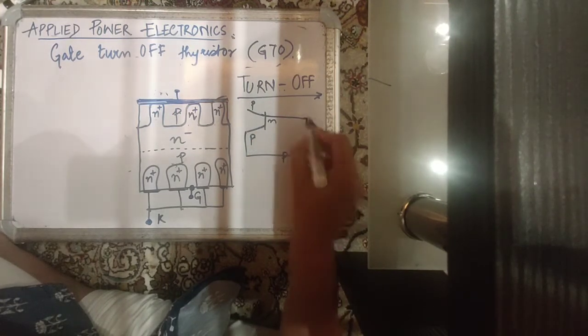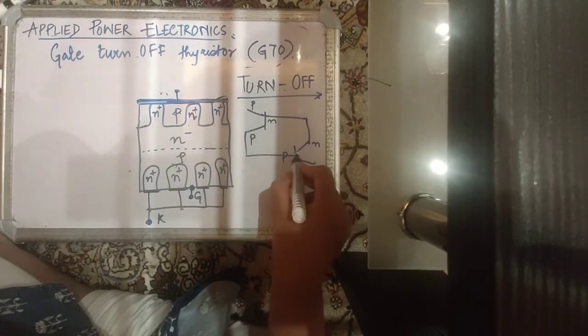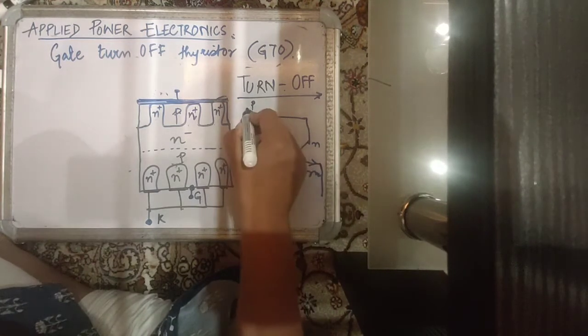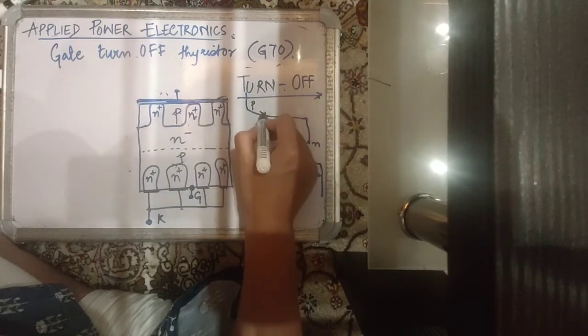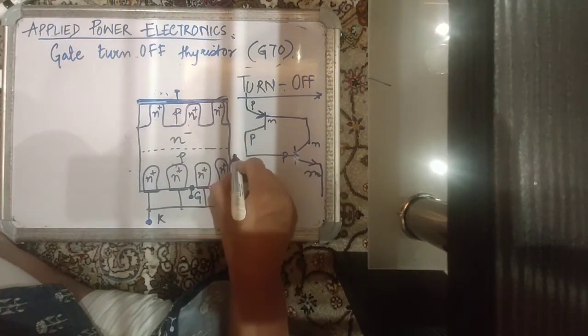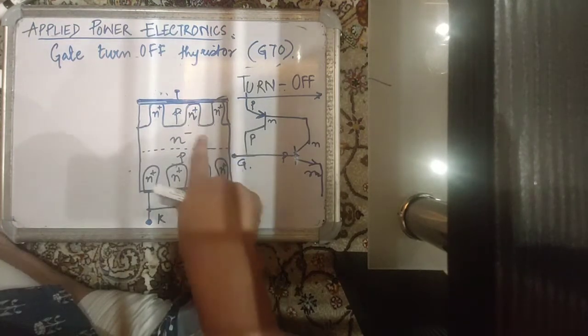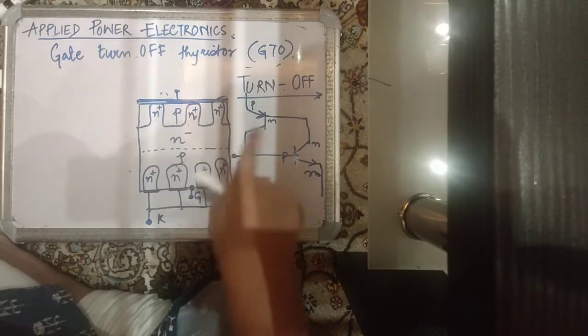The collector here is connected to the base, the collector here is connected to the base, and this is the emitter of one transistor, this is the emitter of another transistor, and over here is your gate region. So if you observe this structure, they are similar. Again, you have the two transistor model.